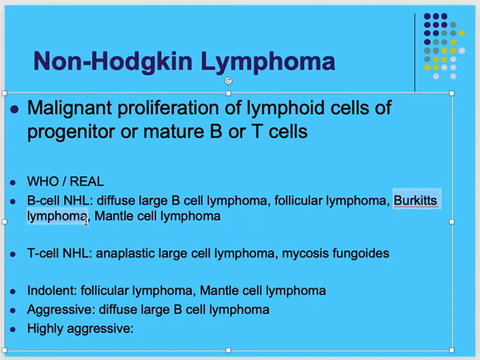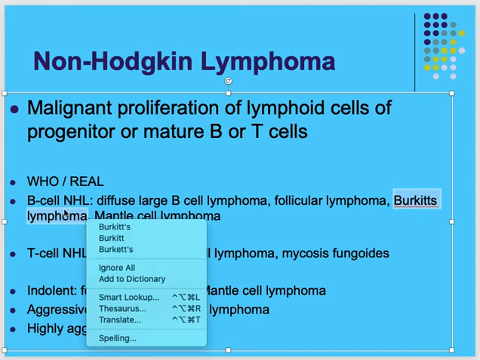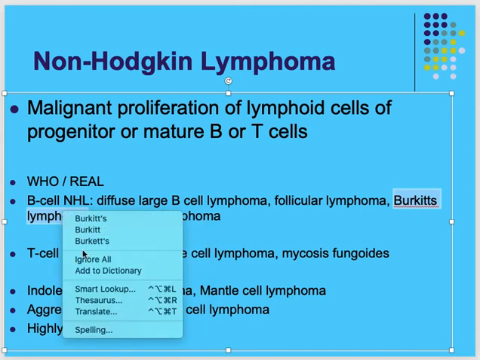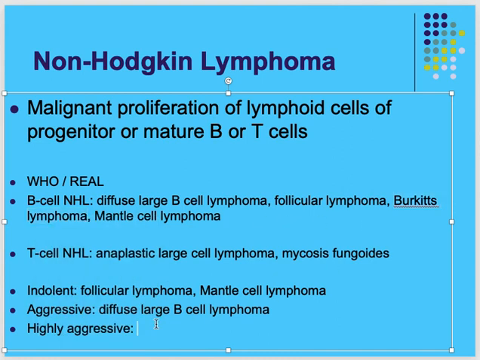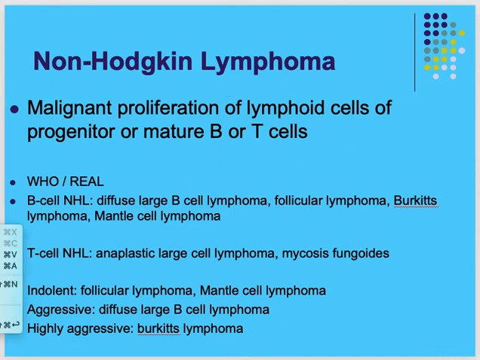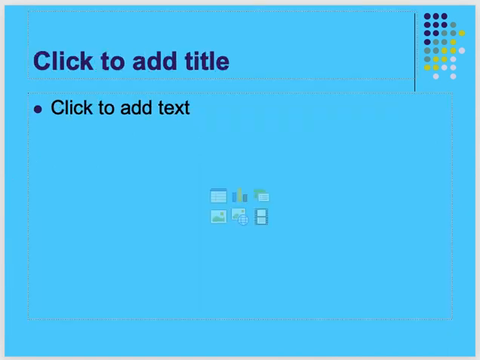So it is a highly aggressive type of lymphoma. I will write over here Burkitt's lymphoma. This is an example of very highly aggressive lymphoma.